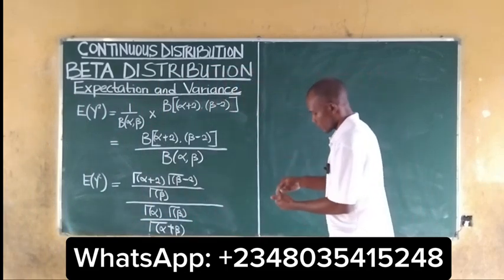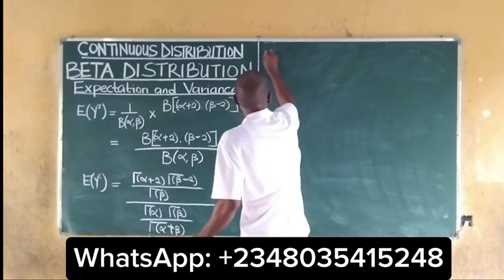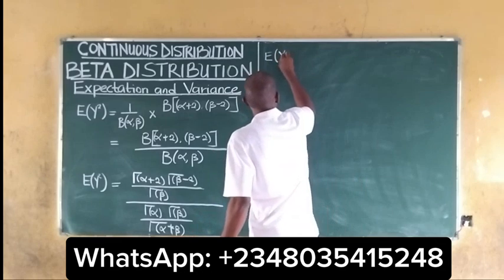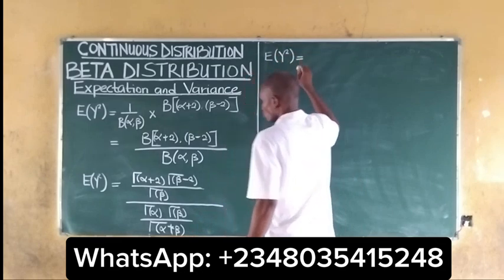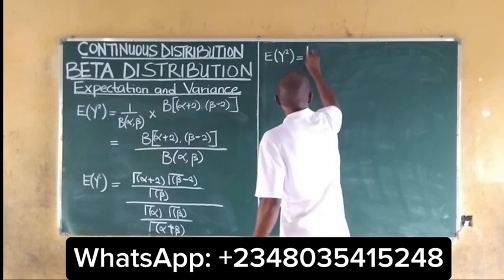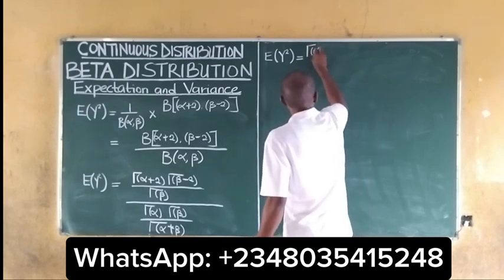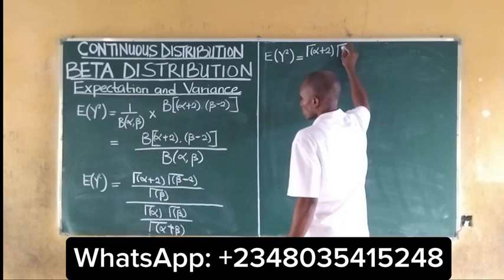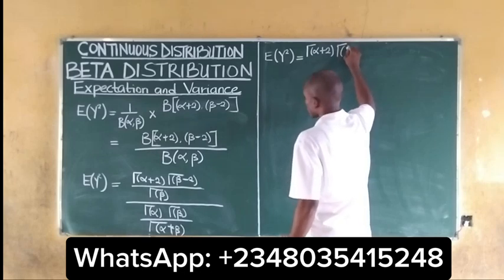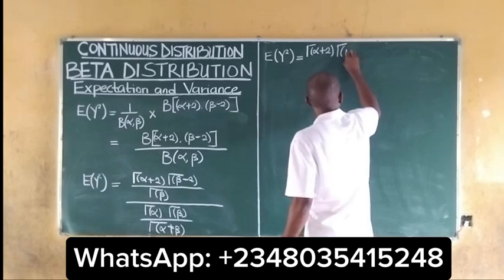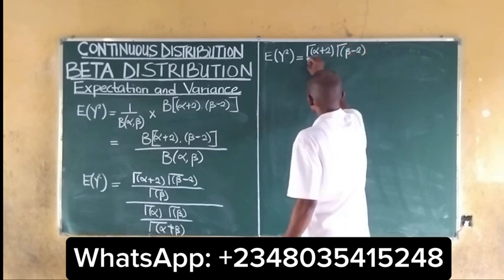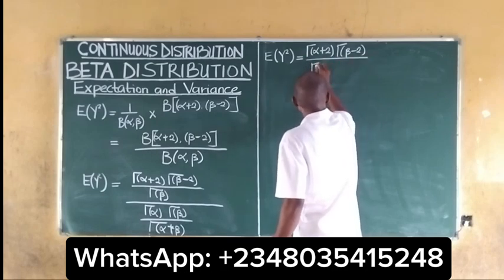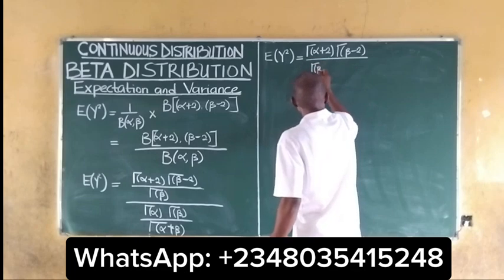So rearranging this, we have our expected value of y squared to be equal to gamma of alpha plus 2 into gamma function of beta minus 2 all over gamma beta.